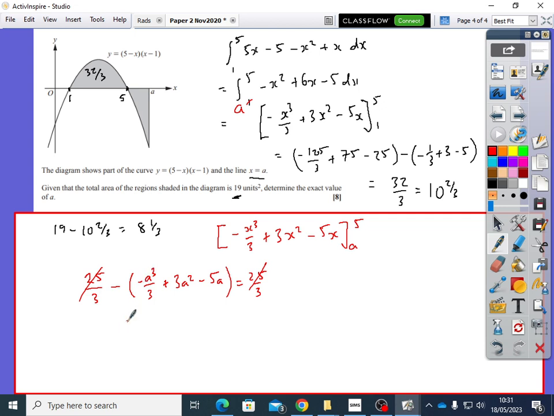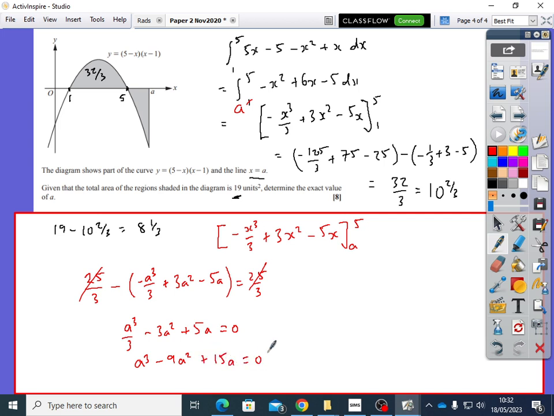So I took that from both sides, and then negate all this bracket will give me a cubed over 3 minus 3a squared, minus minus becomes a plus 5a, and that's going to equal 0. And if I multiply everything by 3, I'm going to get a cubed minus 9a squared plus 15a, and that's going to equal 0.